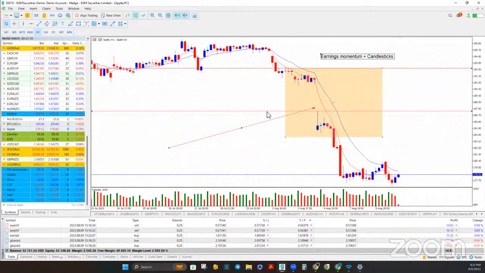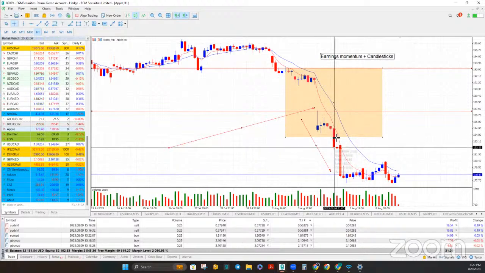And of course, what a trader would have done would have been to get into a trade right here, right at this point, that would now have enabled us to catch this move that we had down here. So we have the earnings momentum, which of course were dismal earnings, and then we have a pullback, seen with the candlesticks. Now again, when you look at these candlesticks, you can see that we had a really good block right here.